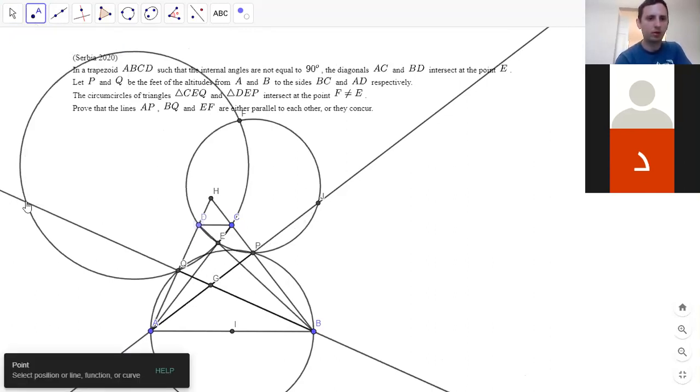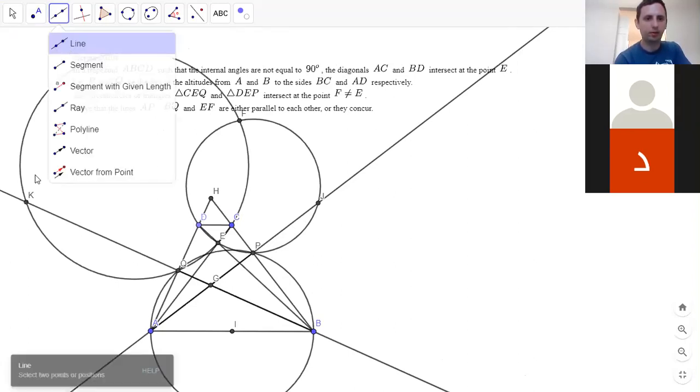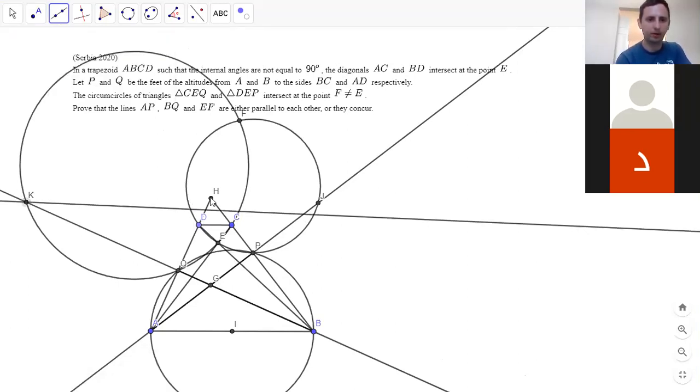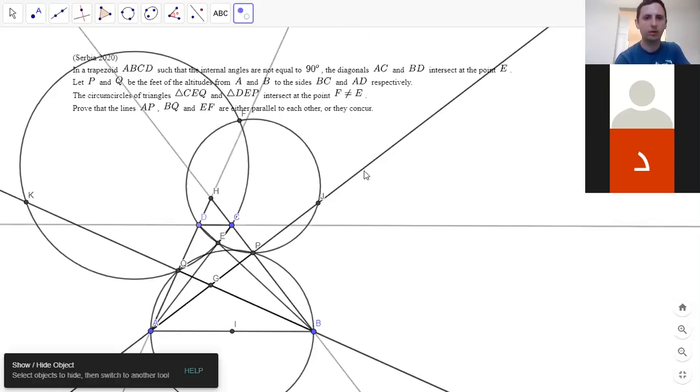And are H, J, and K collinear? I don't think so. But you want to show G has the same power with respect to them. Yeah. Okay.